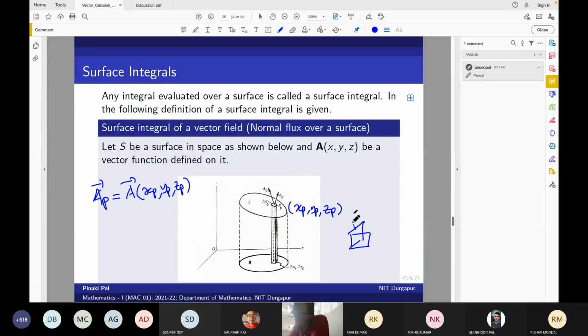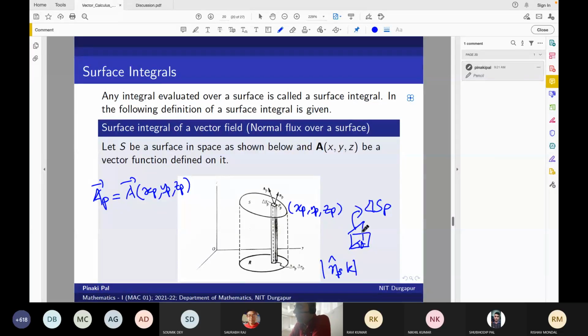So this is your delta SP, and this angle is theta. How to determine this angle? This is simply given by the dot product of the unit vector NP and K.